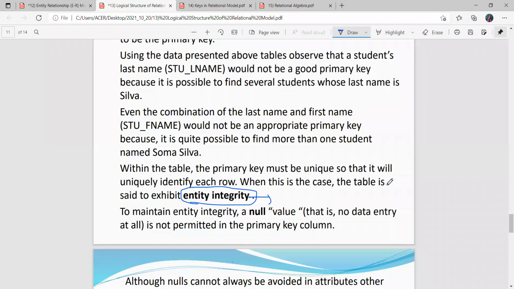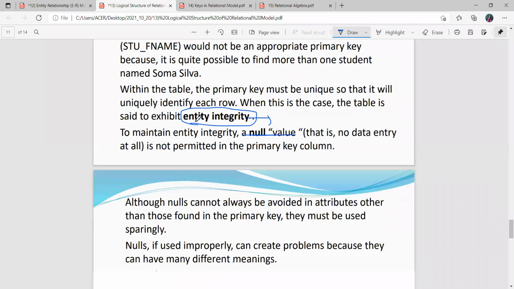In this case, the table is said to exist in entity integrity, and the primary key does not allow null values in its data set.